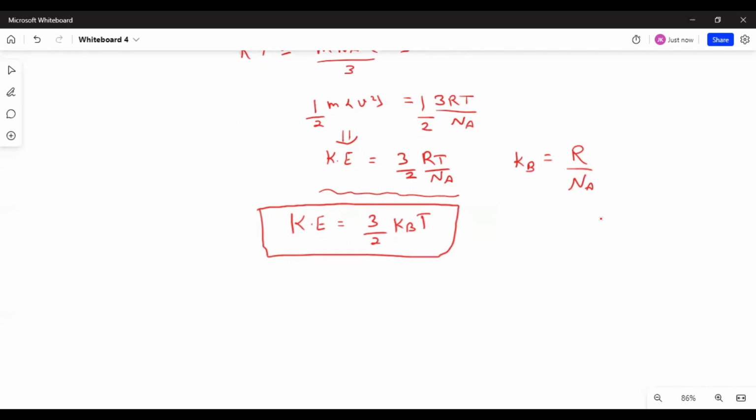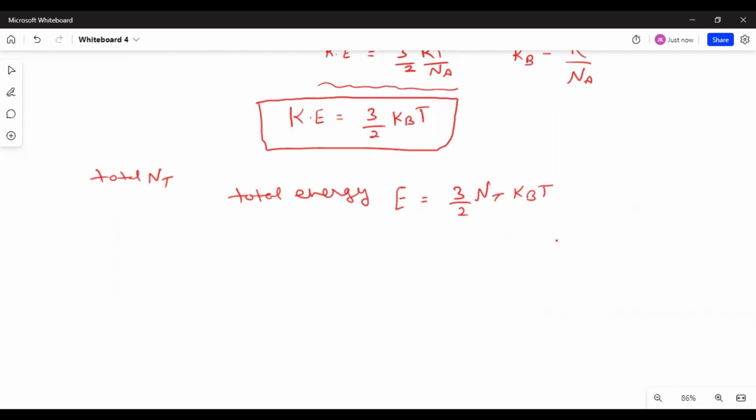Now, if there are a total of N electrons in the material, so total energy E will be 3 by 2 N k_B T, right?